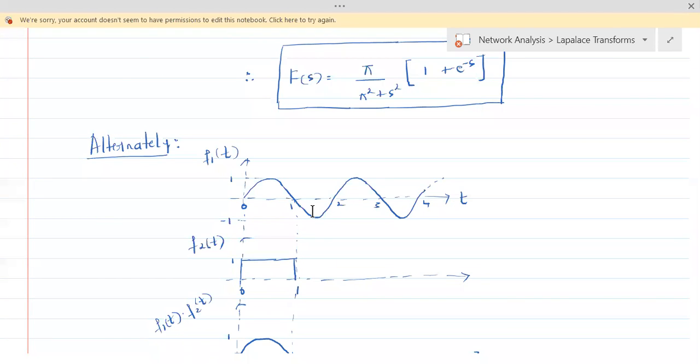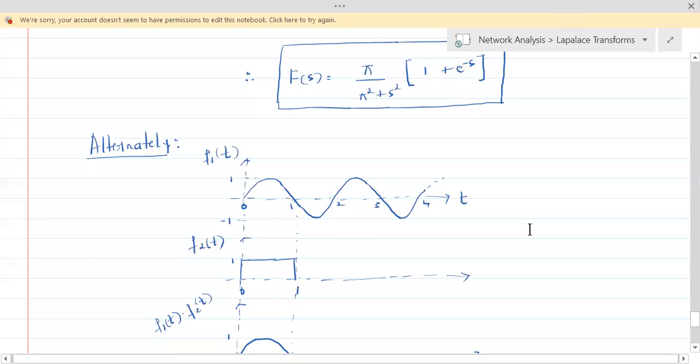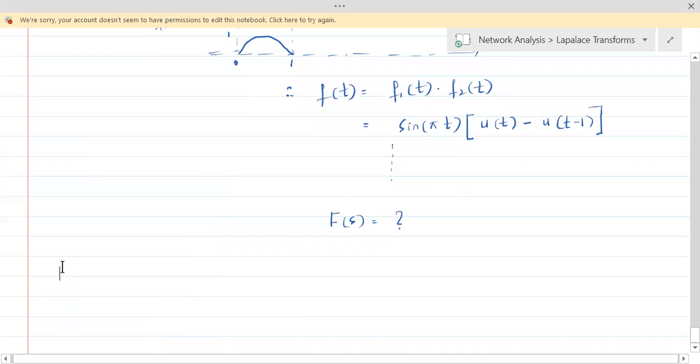Everybody take the heading as Laplace transforms of periodic signals.